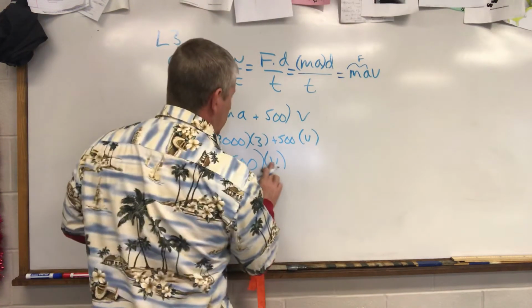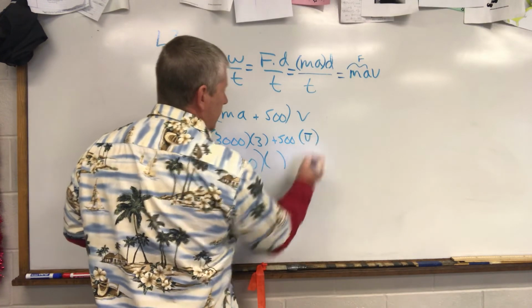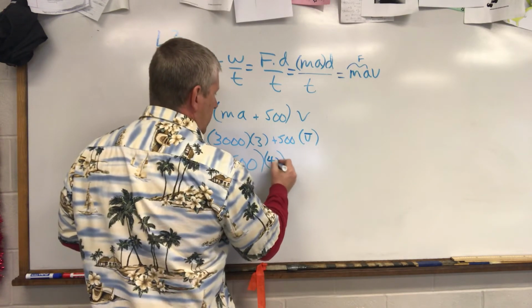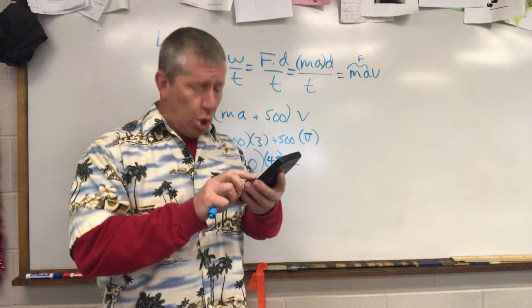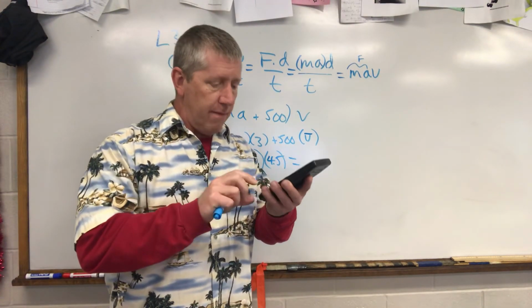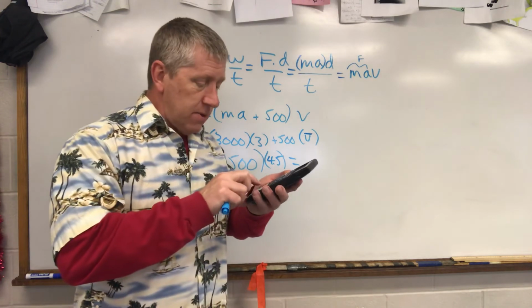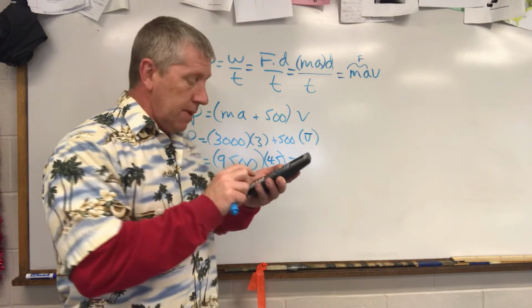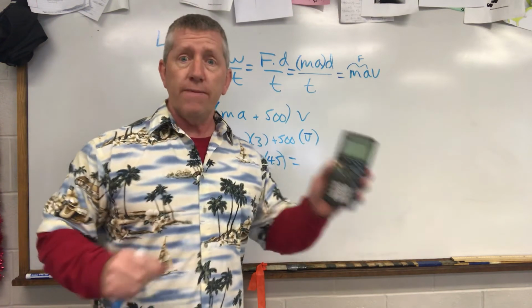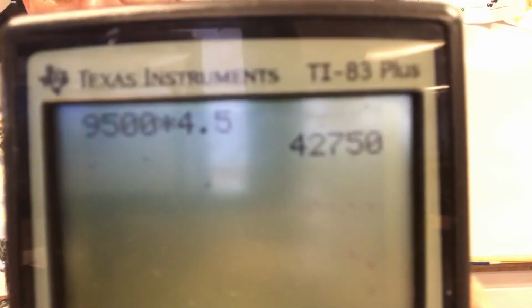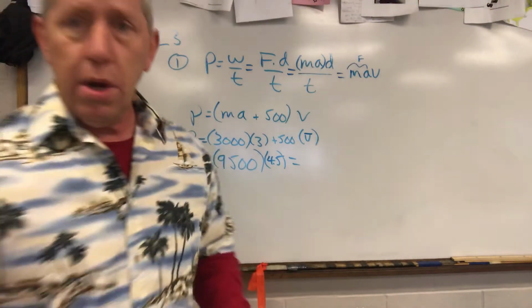So we put in the average velocity, 4.5. Now you multiply 9,500 by 4.5, and I bet you that we will have the exact same answer that we just arrived at. Boom! 42,750. You don't believe me? Believe the calculator.